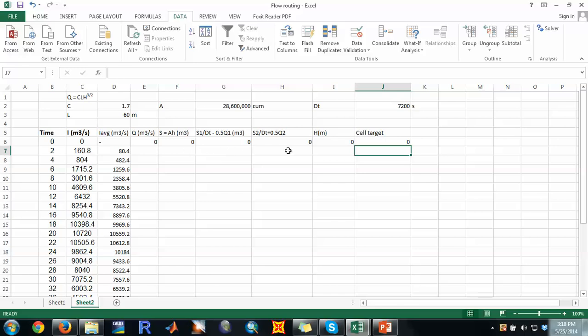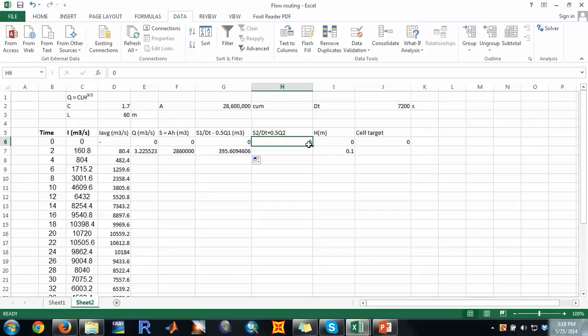So we have to assume another H value bigger than 0, because as the height increases, the flood amount increases at top. So let's say it is 0.1. Then for 0.1 calculate the Q value, and at the same time calculate your storage value, and then calculate this one too.